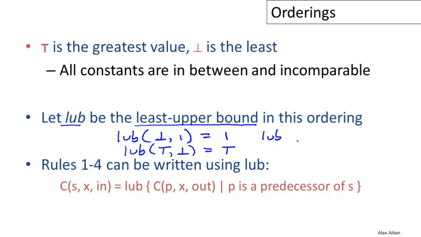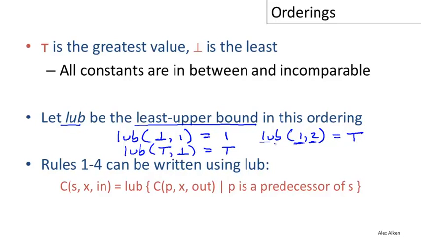A more interesting one is the least upper bound of 1 and 2, two incomparable constants. Remember, the least upper bound is the smallest element in the ordering that's bigger than everything over which we're taking the least upper bound. The smallest thing that's greater than or equal to both 1 and 2 is top.